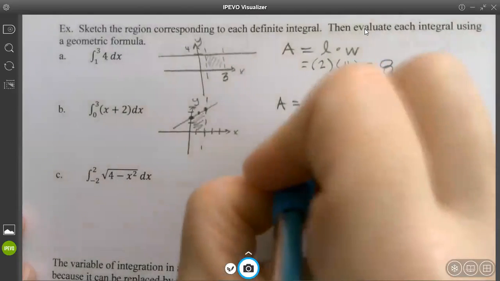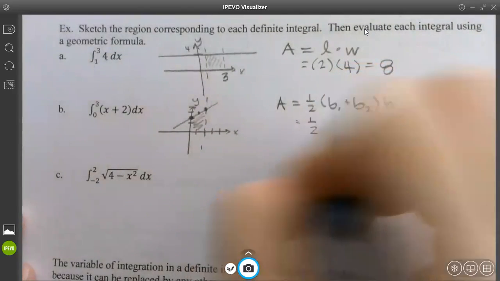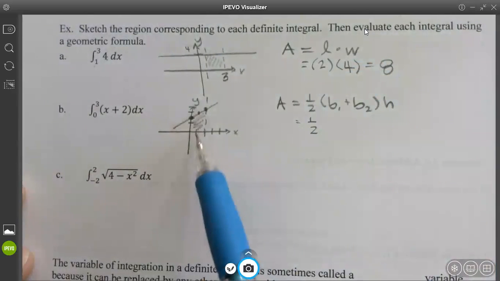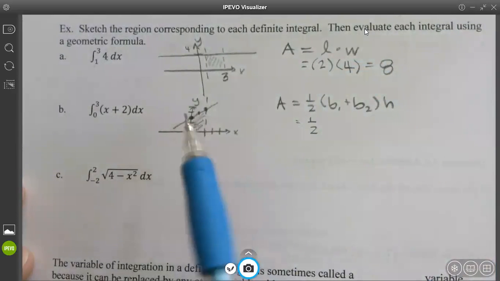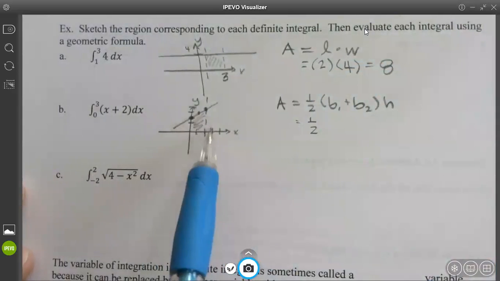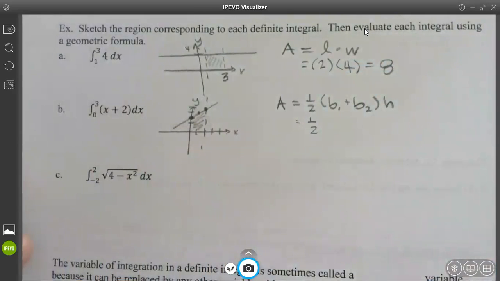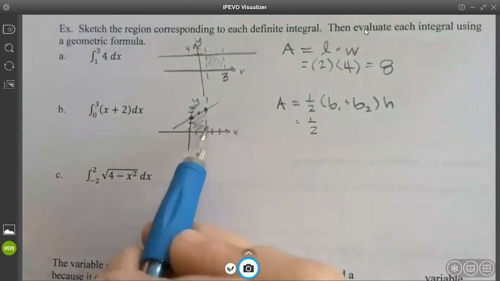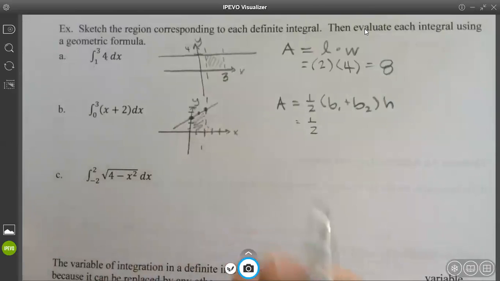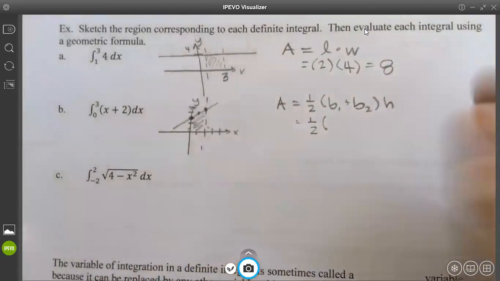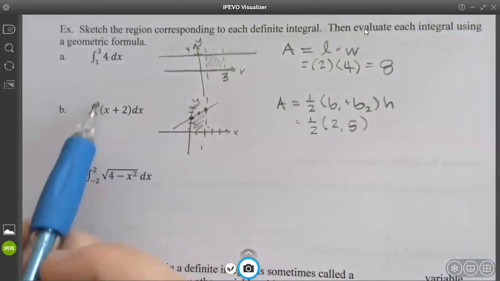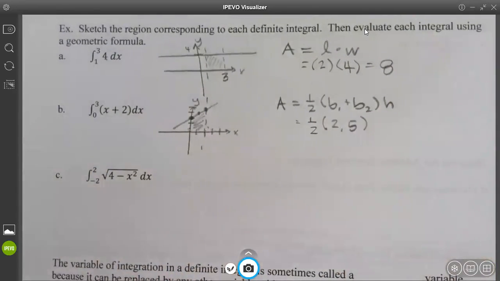All right. 1/2. Your bases are the ones that are not diagonal. So the top and the bottom on these are not our bases. It's going to be the left and the right. So you need 2 perfect lines. So how tall was this line? How tall is this one? Yeah, 5. It's 3 plus 2, right?